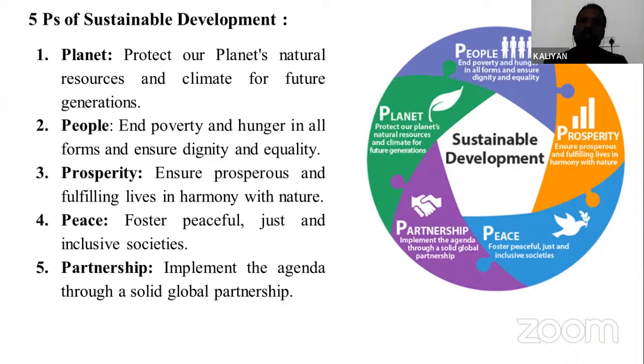Prosperity means ensuring prosperous and fulfilling lives in harmony with nature. Peace means a peaceful, just and inclusive society; we should not create an unequal society. And partnership means implementing the agenda through a solid global partnership, including public-private partnership. These are the 5 P's of sustainable development.